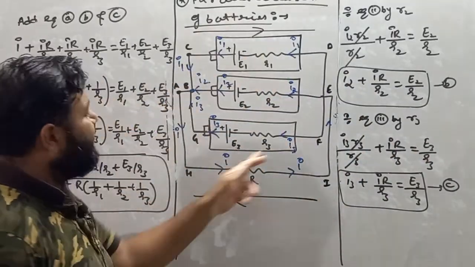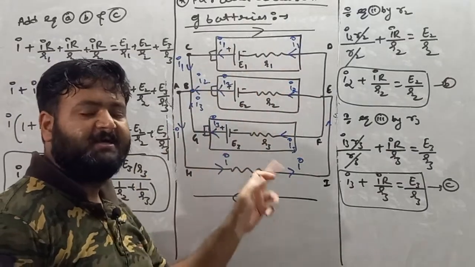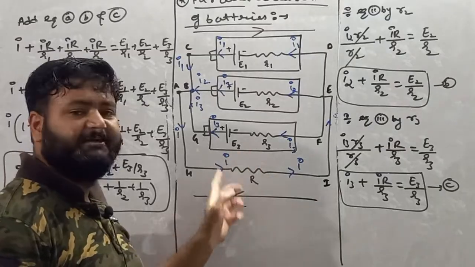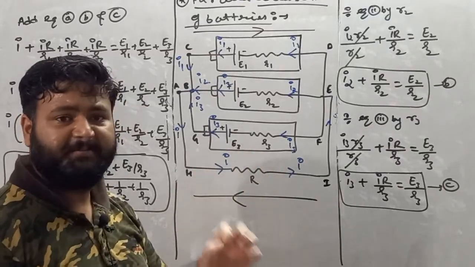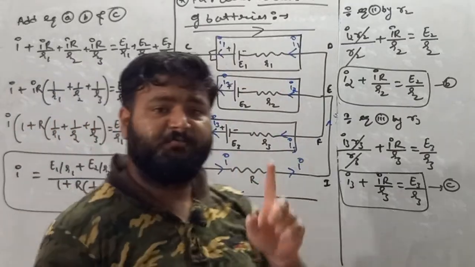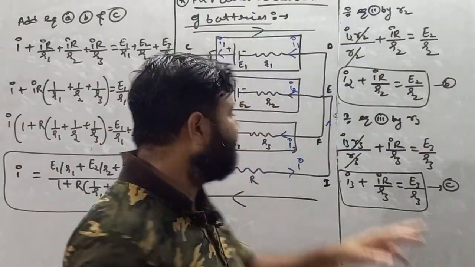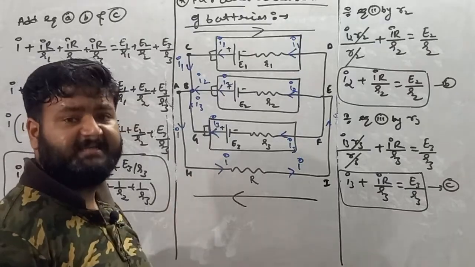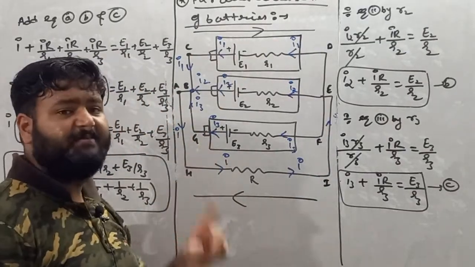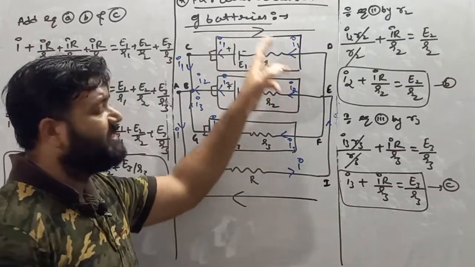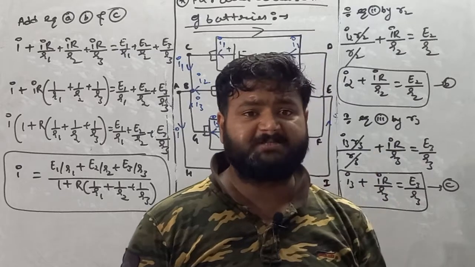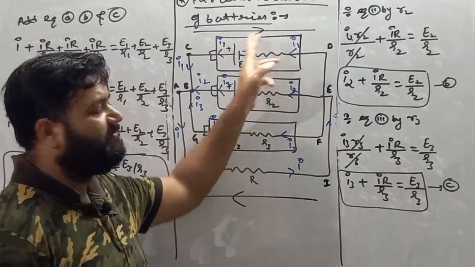So now we are replacing all the three batteries with a single battery which gives the same amount of current to this external resistor capital R. It means that the battery EMF must be equal to the combination of all the batteries, and that battery's internal resistance must be equal to the combination of all the resistors.